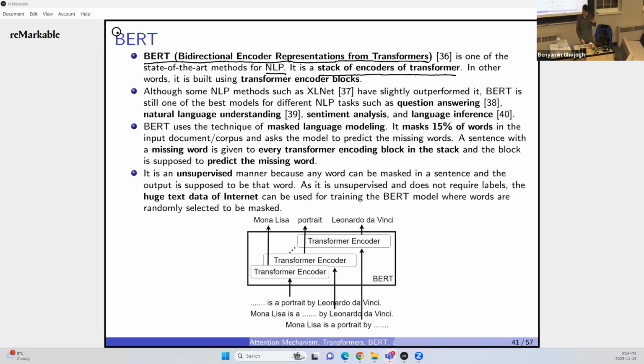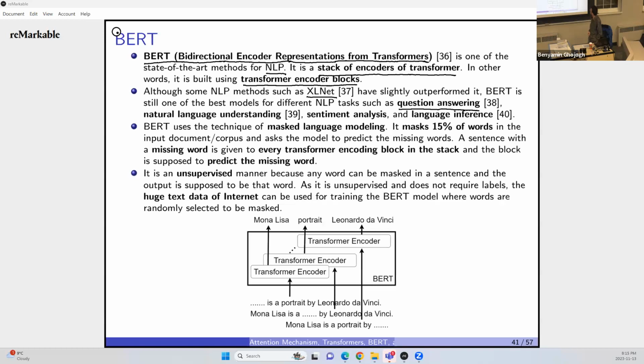So BERT is encoders of the transformer and GPT is decoders of the transformer. As I said, it's a stack of encoders using transformer encoder blocks. Although some NLP methods such as XLNet have slightly outperformed it, BERT is still good, especially for question answering.